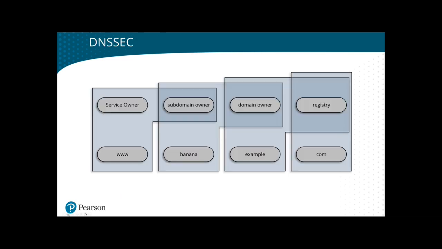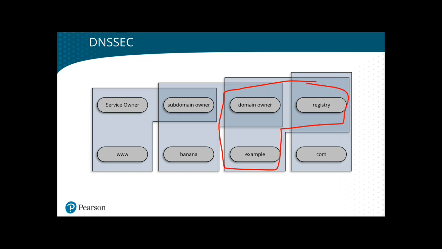So how would you solve this? Well, one way to solve this is what's called DNSSEC. DNSSEC actually allows you to sign your DNS records. The way these are signed is the registry will sign .com, and then it will also sign that this domain owner owns example.com.